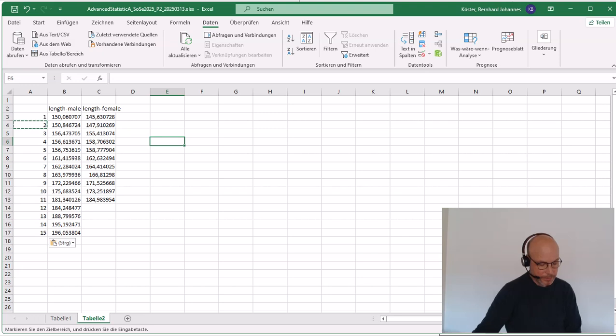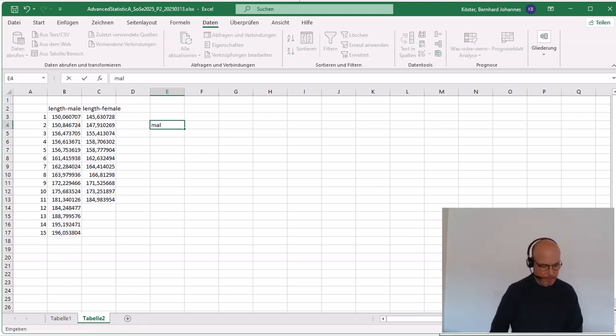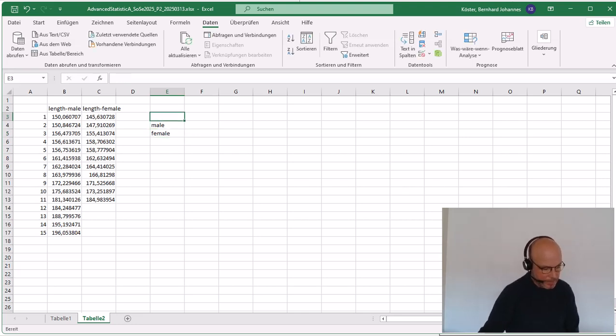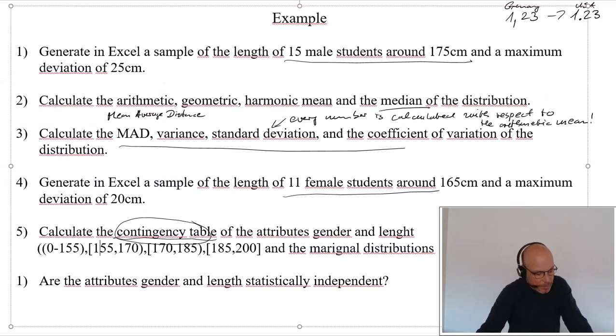And therefore we create our contingency table, male, female, and we have our classes from 0 to 155 centimeters and then moving up to 200 with steps of 15 centimeters.